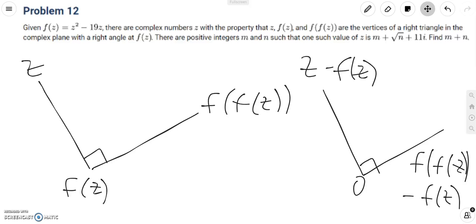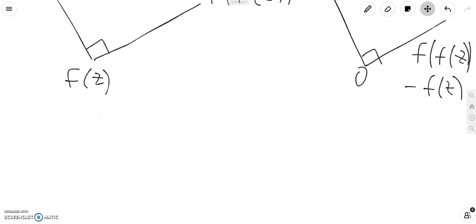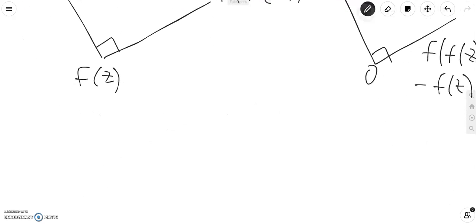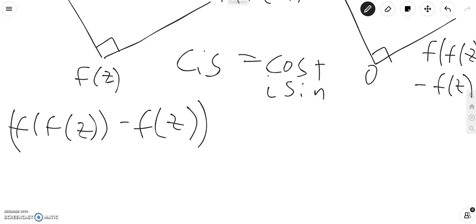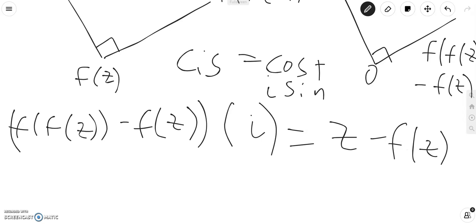So we can use our rotation formula for complex numbers: f(f(z)) − f(z) times cis 90, where cis is cosine plus i sine. Cis 90 is simply i. We can write i times (f(f(z)) − f(z)) equals (z − f(z)) times some constant k. Now let's rearrange a little bit.